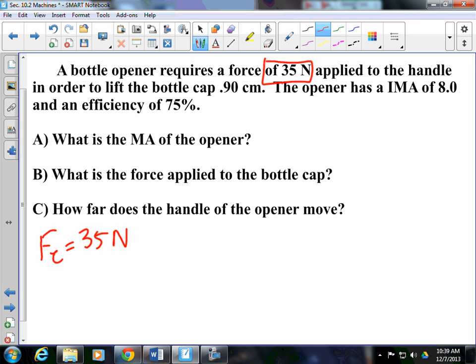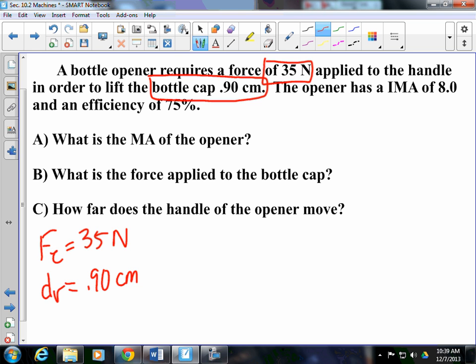Next, applied to the handle in order to lift the bottle cap 0.9 centimeters. Think about how this would work. Are you lifting the lever or are you lifting the bottle cap? You are lifting the lever. Therefore, the lever is lifting the bottle cap. So the machine is lifting the bottle cap 0.9 centimeters, which means the distance of resistance is 0.90 centimeters.